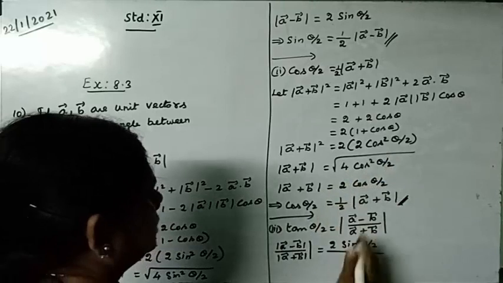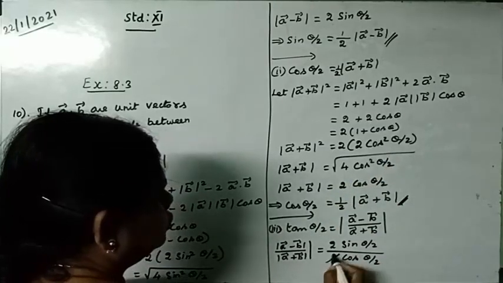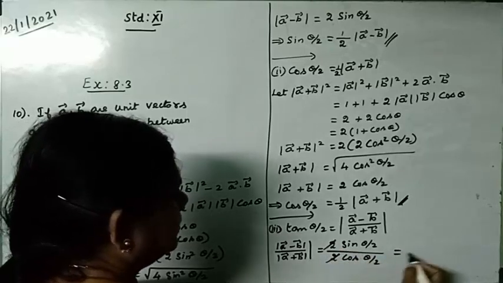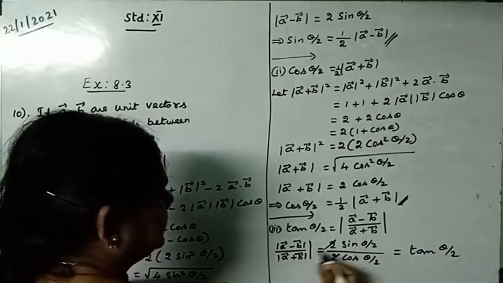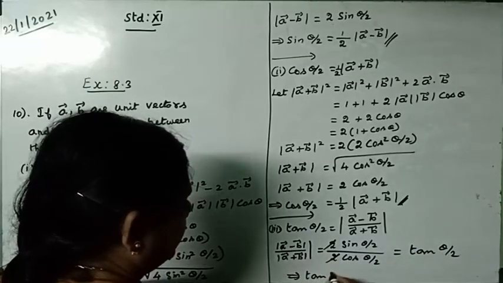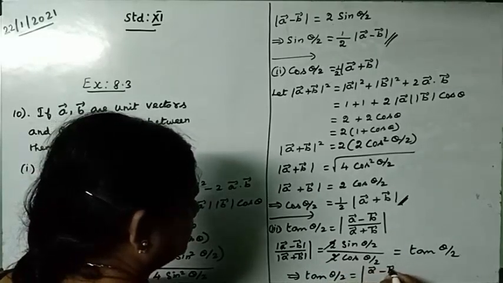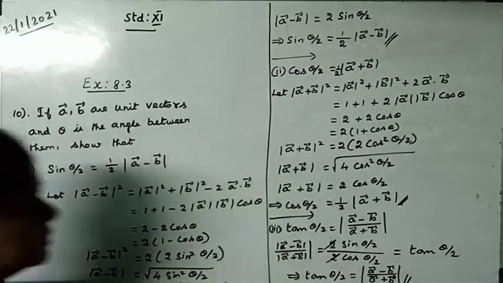Now the 2s get cancelled. Sin by cos is tan, so tan theta by 2. So right hand side is equal to left hand side. Which implies tan theta by 2 is equal to modulus of A vector minus B vector divided by modulus of A vector plus B vector. Hence proved. Thank you all.